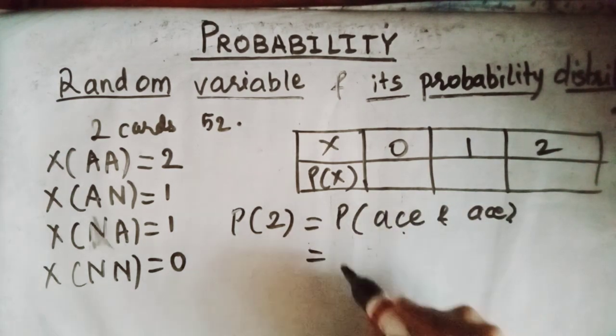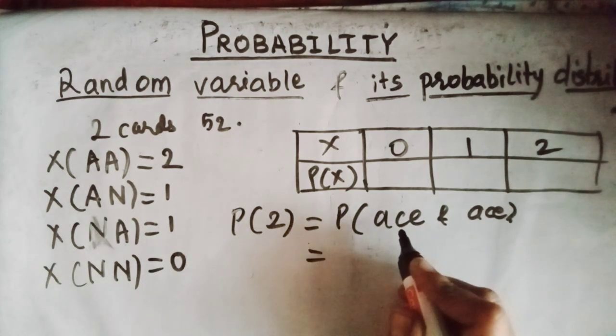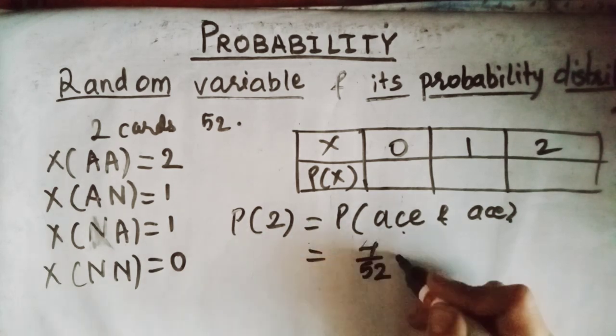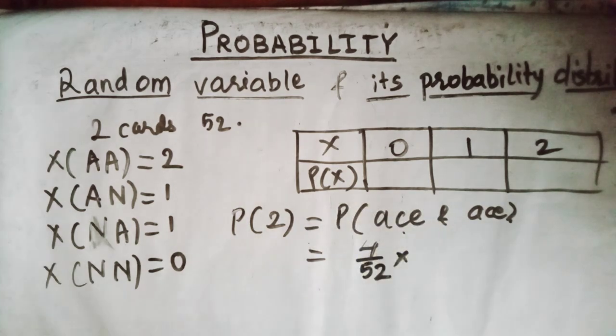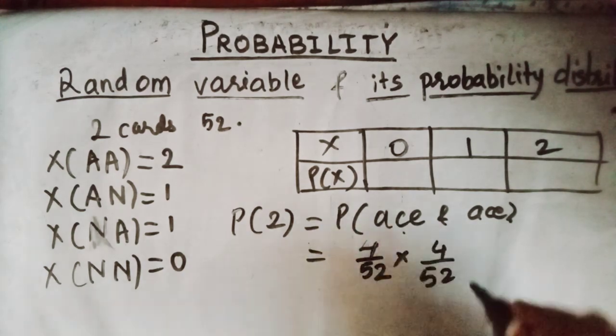If you take one card from the deck of 52 cards, the probability of getting an ace will be 4 by 52, correct? And it is given in the question that it is with replacement, so we replace that card and the total number remains the same. So again we get 4 upon 52.